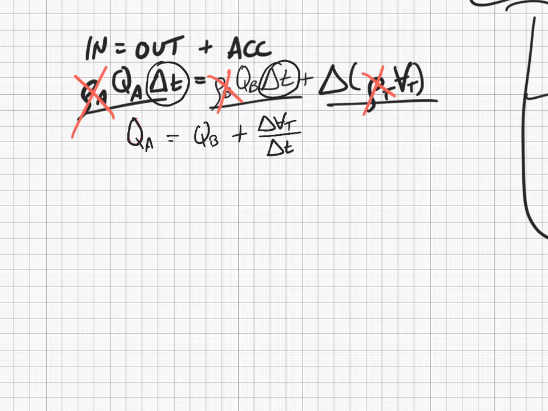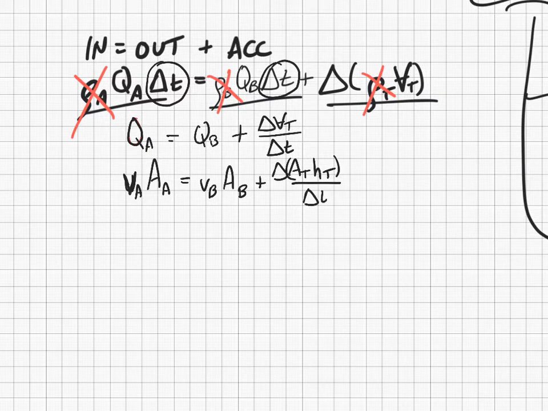Now QA is VA times the area of pipe A, equals VB times the area of pipe B, plus, now how do we define the volume of that tank? Well, it's going to be the area of the tank times the height of the water in that tank. So that's change, delta T.